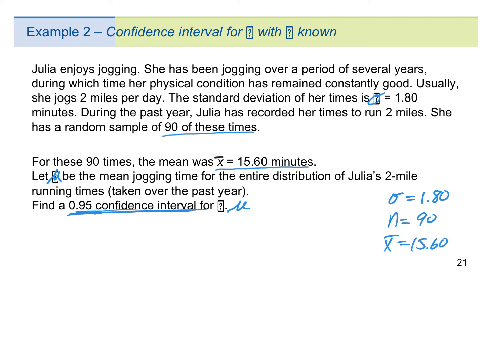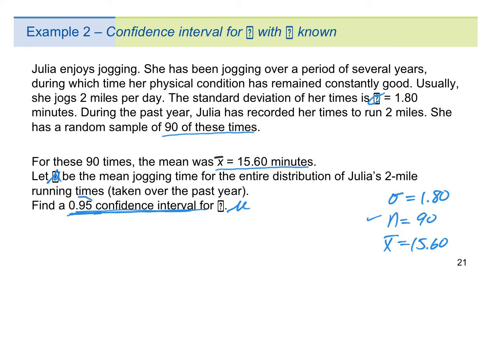Those are important pieces for any type of confidence interval problem when sigma is given. Being that n is 90, which is greater than or equal to 30, the central limit theorem takes over and is applied, and therefore our x distribution and our x bar distribution is normal.